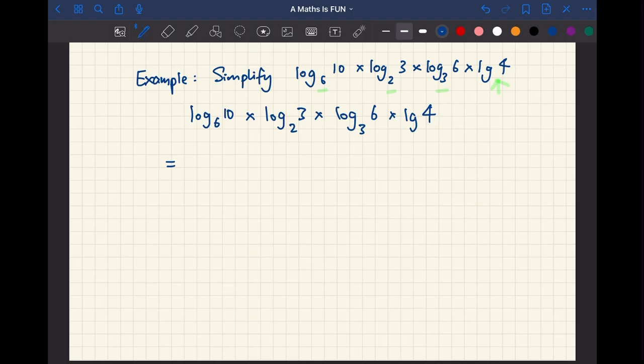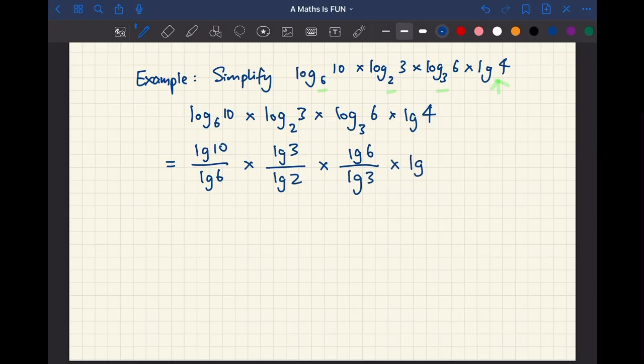Which base? Since I have a log base 10, why don't I try to convert all of them into base 10? So I have log 10 over log 6 times log 3 over log 2 times log 6 over log 3 times log 4 finally.